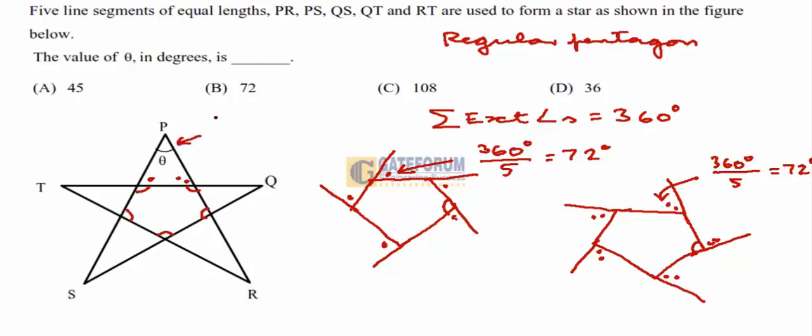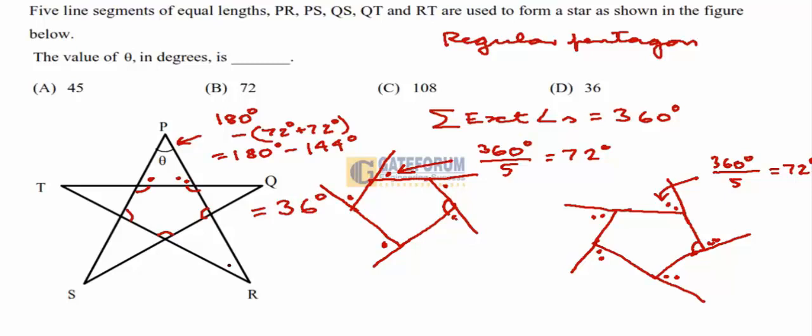Theta would be, since the total angle of a triangle is 180 degrees, 180 degrees minus 72 degrees plus 72 degrees. That is equal to 180 degrees minus 144 degrees, which is equal to 36 degrees.